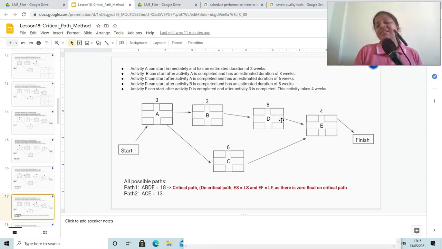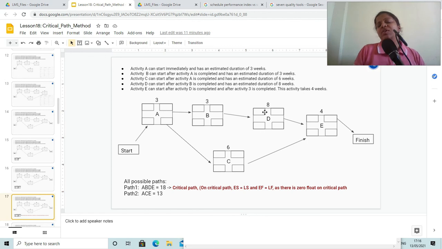So that is the reason we have to handle all the activities on critical path with utmost care, because we cannot afford to delay them, because that is going to directly impact the project schedule. Yeah, so this is all about how to determine critical path in your network diagram.